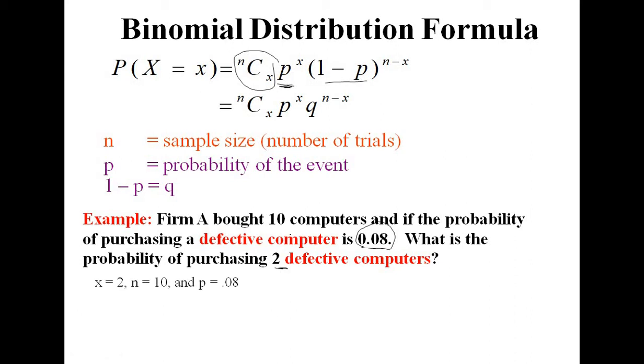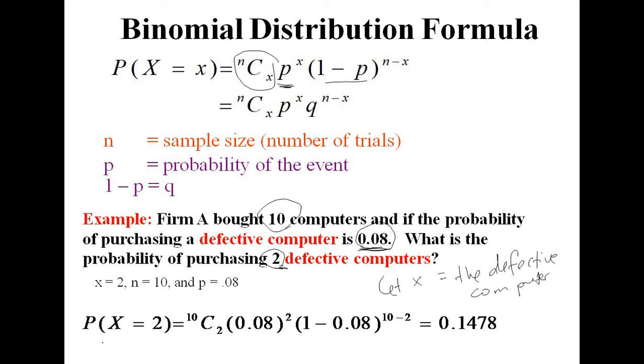From the question, let x equal the number of defective computers, so x equals 2 because there are 2 defective. n equals 10 because firm A purchased 10 computers, and the defective probability is 0.08.